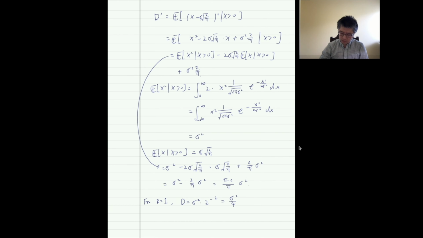And clearly this is less than this, D prime, right? It means that we can do better than this, because now we restrict ourselves to a block length of 1, doing this quantization individually. So if we do this over a block, then we can do better. So that's basically the first problem.